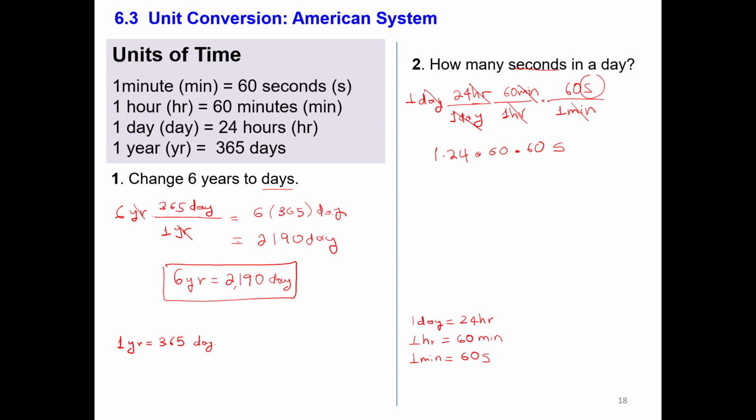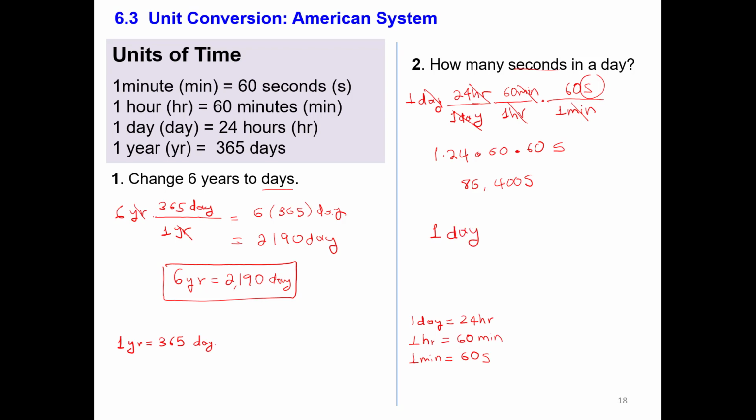If we multiply these numbers together, 1 times 24 is 24, 24 times 60 times 60, we will get 86,400 seconds.